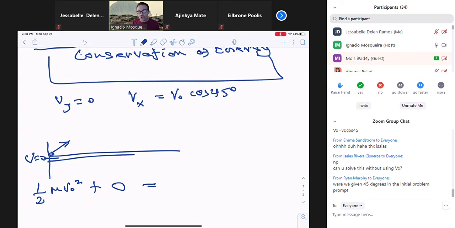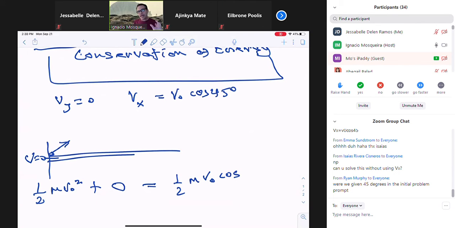That's only true if you're shooting straight up, because in that case the kinetic energy at the top, we already decided, was V0 cosine of the angle. If you make the angle 90, cosine of the angle is 0, then there is no kinetic energy at the top. So if you shoot it straight up, it goes straight up, then it stops, and then comes back down.